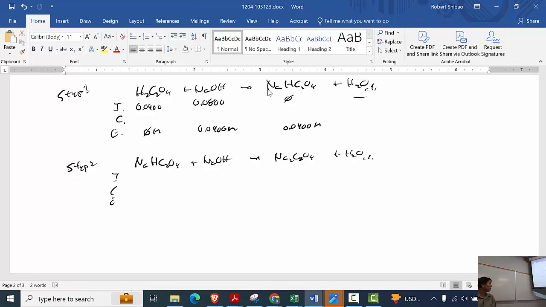And then we take a look at the limiting reagent, excess reagent, and this happens to be stoichiometric. It's just the right amounts. And so these are going to go to 0 since K is very, very large for this reaction as well. And this is going to go to 0.0400. So all we're left with here is a basic salt. This is a dibasic salt.